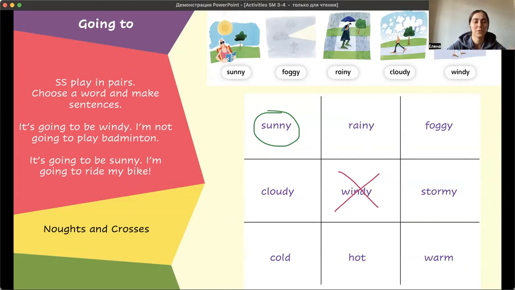So someone plays with noughts and another with the crosses, and they choose the adjective, they make sentences, put crosses and noughts, and they can play several times. Then they change the rules and they memorize this construction and these adjectives, and they revise some activity words, games, sports, and so on. So this is great, and everyone loves it, and they want to play and play this game.